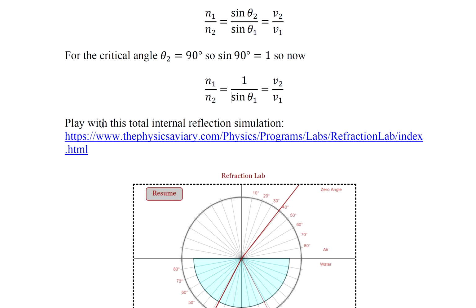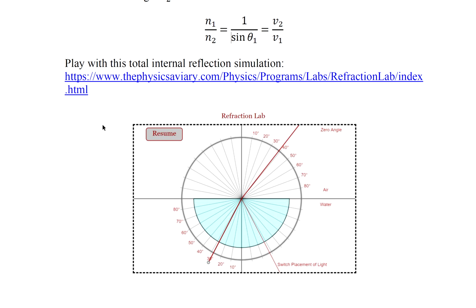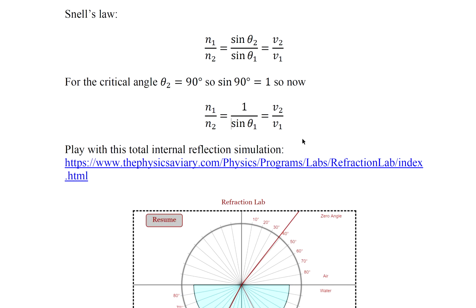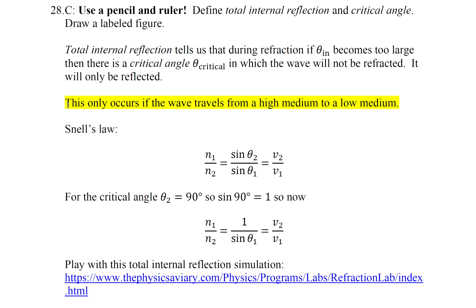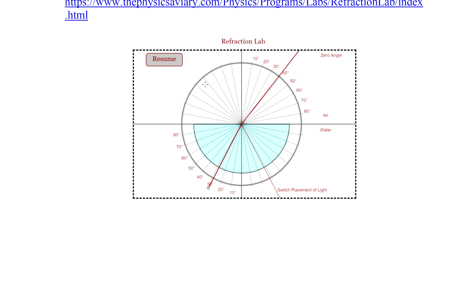So play with this total internal reflection simulation here. We have theta coming in going up, because critical angle only happens from going from a high medium to a low medium. So on the bottom we have water, on the top we have air.